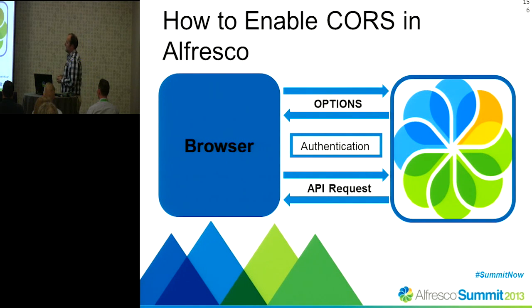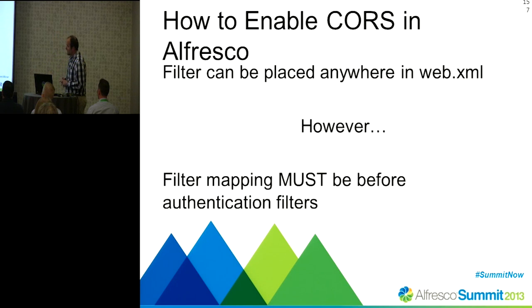So now, in Alfresco, what's going to happen is when you make a call from your JavaScript application against the Alfresco server, it's going to make the options call. Once the options call occurs, then it's going to do your authentication, and then the API request is part of that. So the filter can be placed anywhere within the web.xml. However, the filter mapping must be put in a specific place.